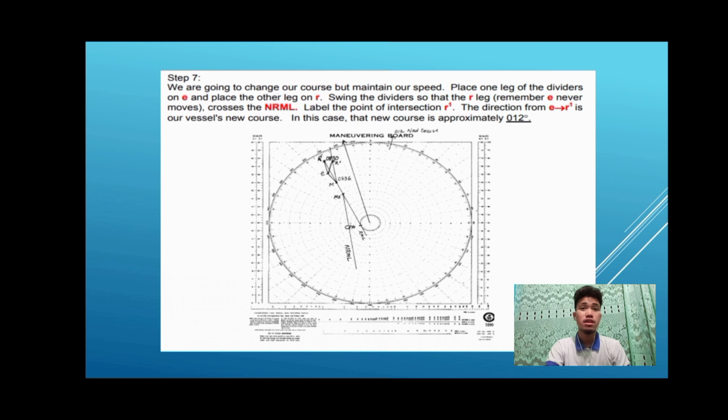Then label the point of intersection R1. The direction from E to R1 is our vessel's new course. In this case, the new course is approximately 12 degrees. So our new course is 12 degrees.